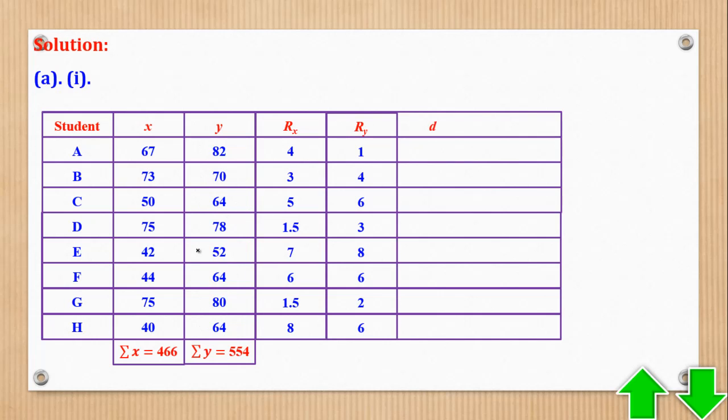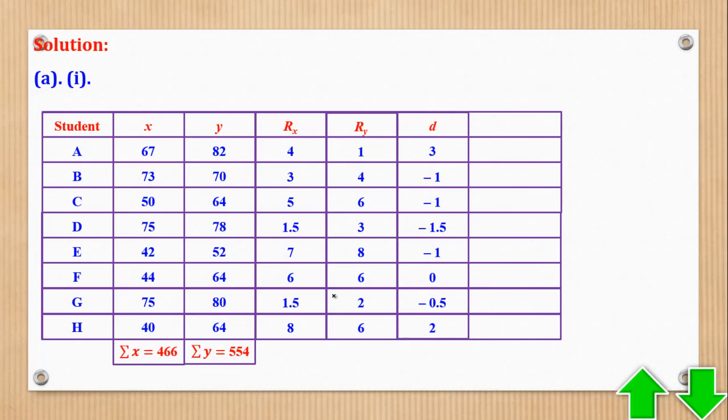Next is to subtract. So Rx minus Ry, this minus this, this minus this, and so on for all the students.